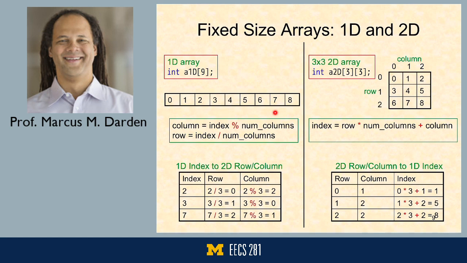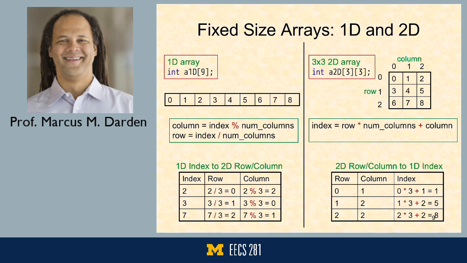But if we understand how memory works, it's actually just an increasing collection of addresses. So in reality, as I work my way through here, this address followed by this address followed by this address. The next address in memory is this address here, as I look at index 3, index 4, index 5, index 6 there.